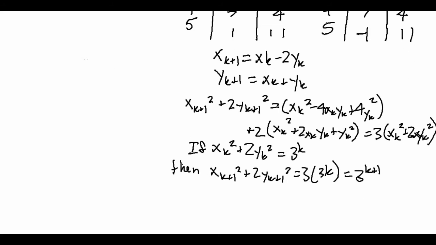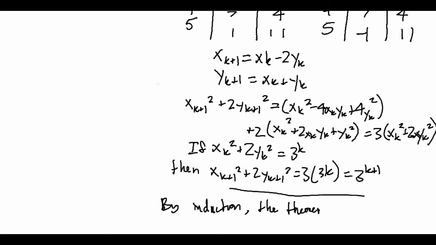So thus, if this is true, then if we increment k by 1, this is true as well. So by induction, we can keep incrementing k. It's true by induction.